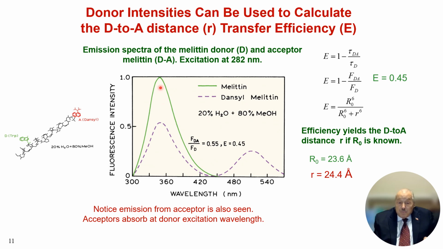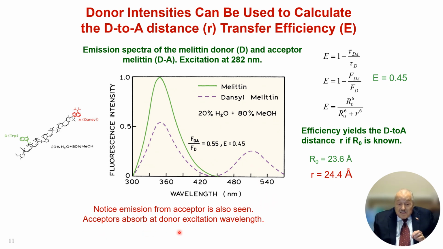We have a donor emission again set at 1. The donor is approximately 50% quenched when the acceptor is there, and then we have the acceptor emission out here.